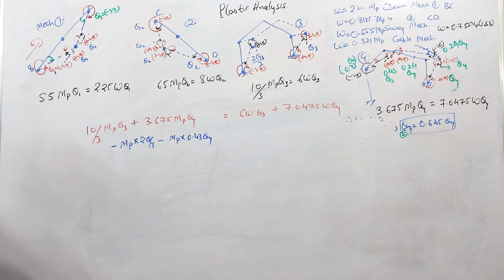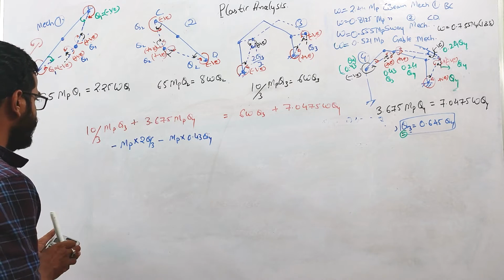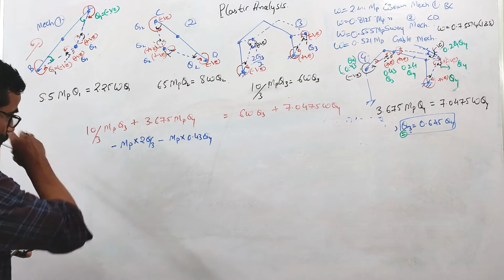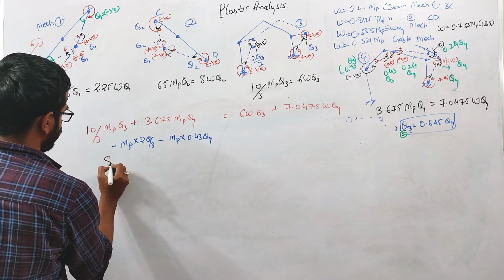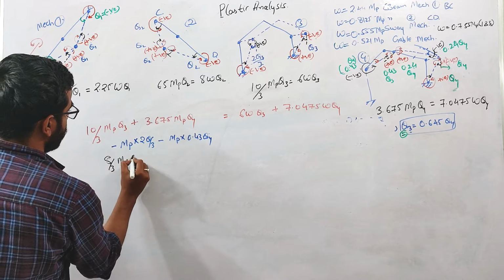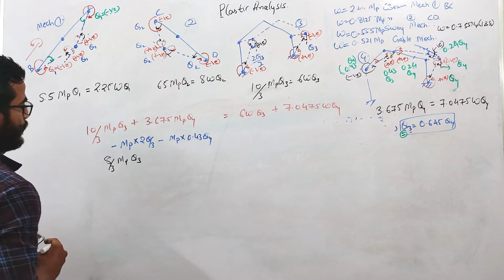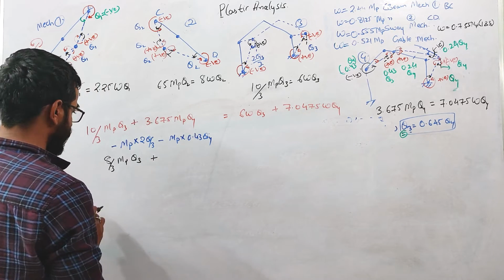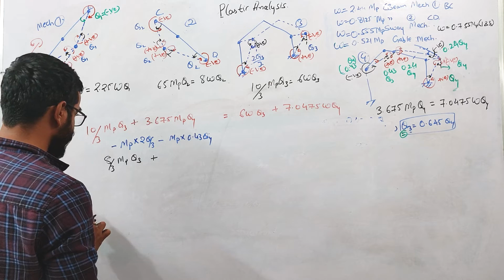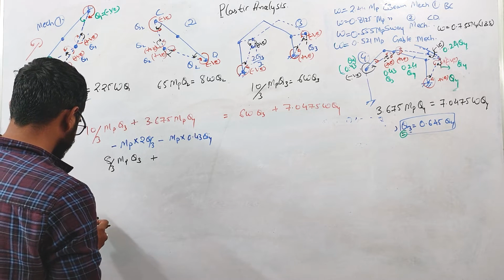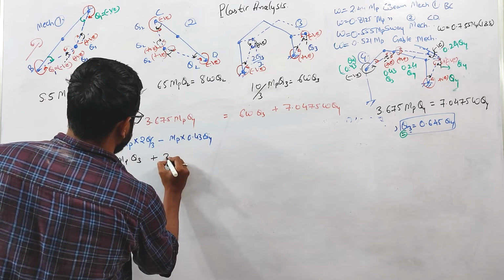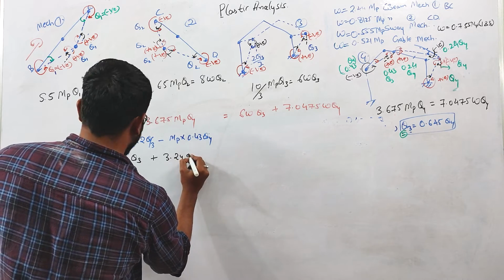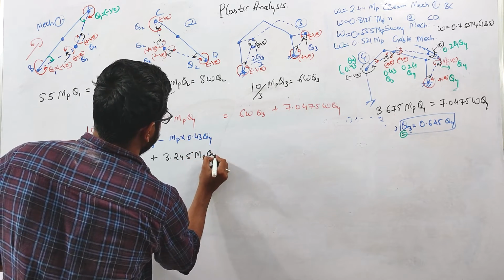Okay, right? So if you solve this, this will be 8 by 3 MP theta 3, plus 3.675 minus 0.43, so this is 3.245 MP theta 4.